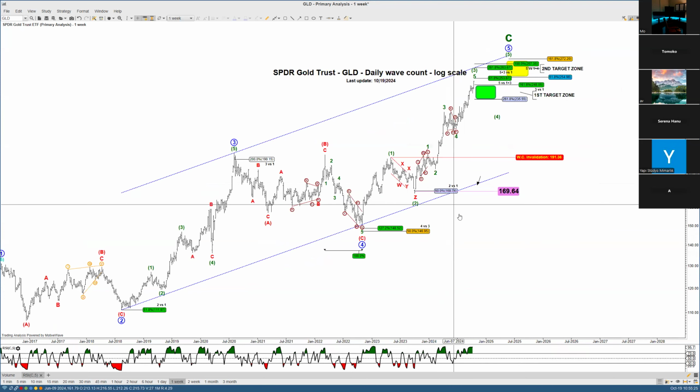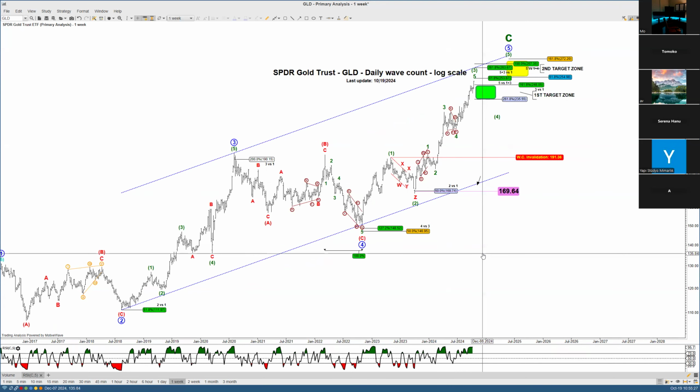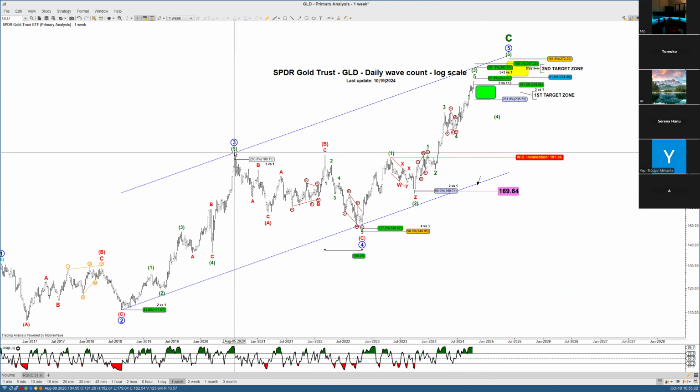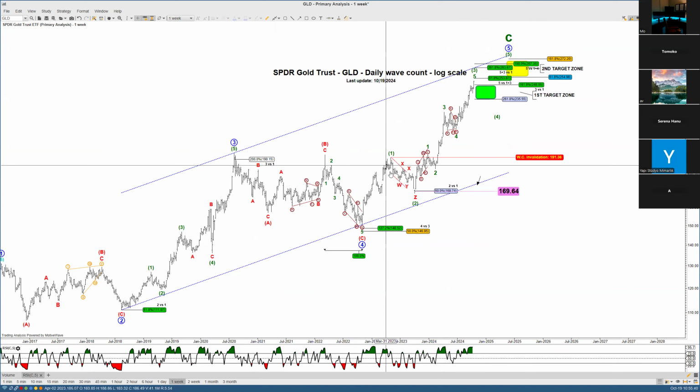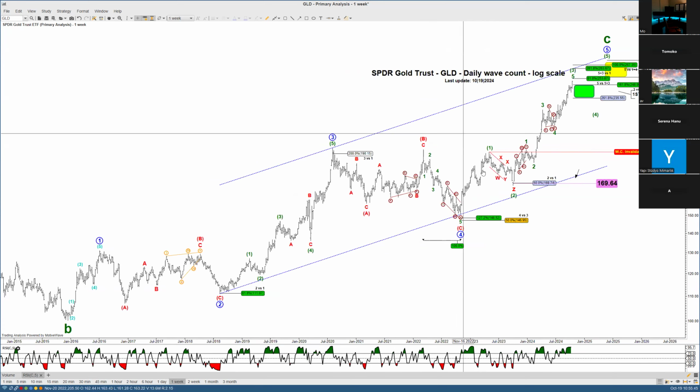So if this thing rolls over here, how do we even count that thing using this high? So you have a corrective wave here, a corrective move here, you still have a bunch of moves to the upside. If they would be 1, 2, then what I would have to do is change this entire thing into a sort of diagonal like this, with 1, 2, 3, 4, overshoot, and 5.